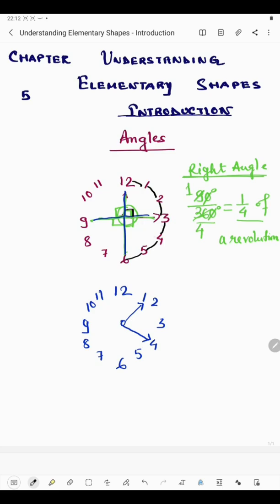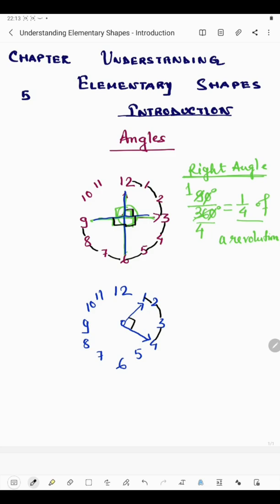So that means after every 3 steps, it forms a right angle. Similarly, in this figure, 1 to 2, 1 step, 2 to 3, 1 step, 3 to 4, 1 step. So that means 3 steps, so we can say that it forms a right angle.